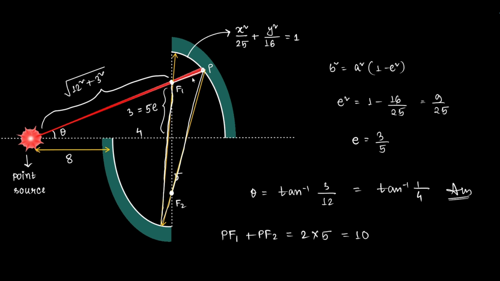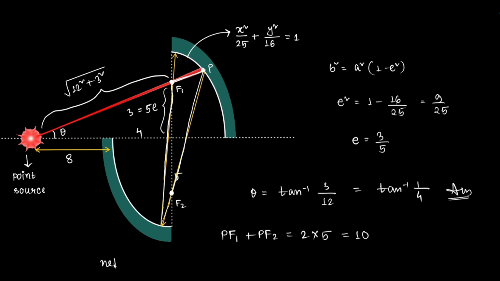So as you can see here, at every reflection, if you start to calculate the distance from here, it travels 10 units at every reflection. So 10 units, again 10 units, and it goes on like that.